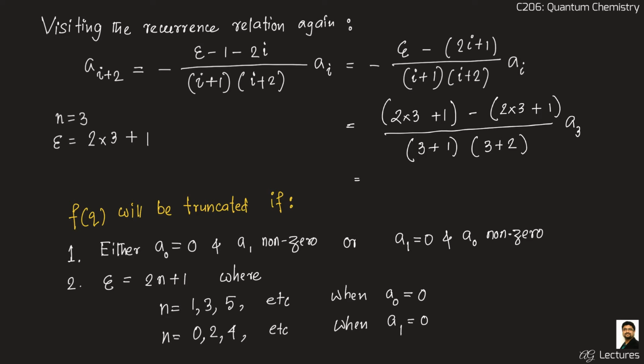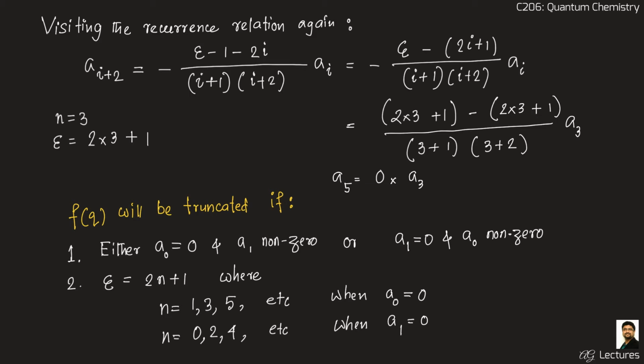Clearly, this is equal to 0, right? So a3 multiplied by this whole thing was actually a5. So it simply means that when n is equal to 3, and hence epsilon is equal to 2 multiplied by 3 plus 1 coming from 2n plus 1, then a5 is 0. So therefore I get a5 equal to 0 multiplied by a3, and hence a5 is 0.